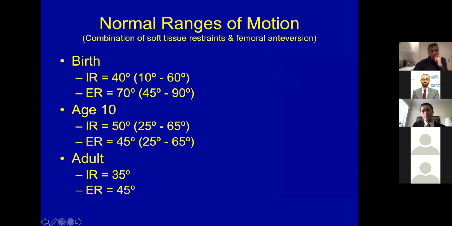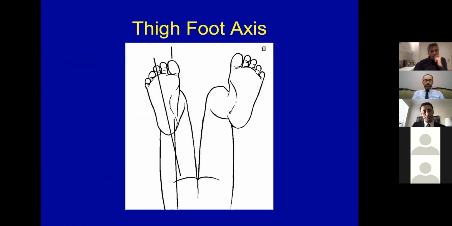This is the normal range of motion at the hip: at birth, internal rotation is 40 degrees and external rotation is 70 degrees. As the child matures, hip internal and external rotation become very close to symmetrical.